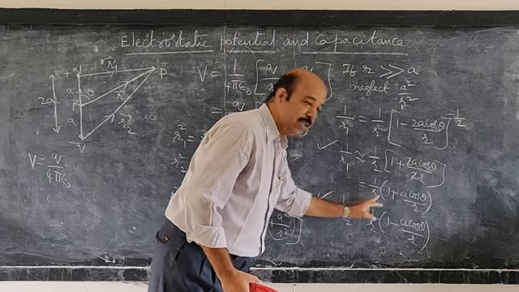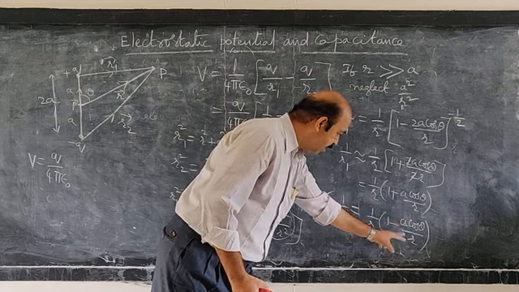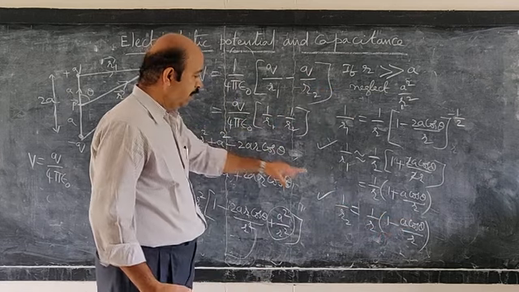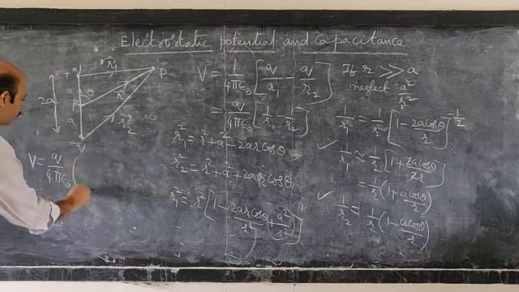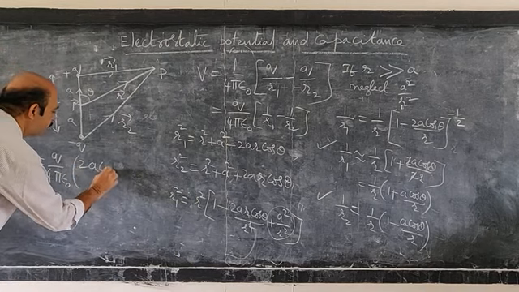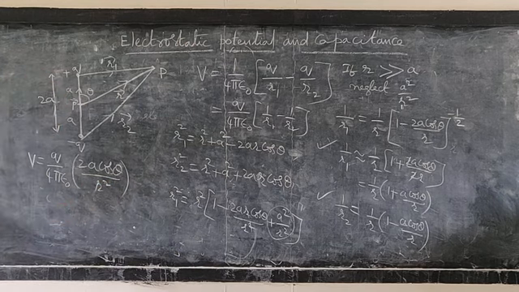Here also minus a cos theta by R square, but that minus of minus will be plus. Therefore, what you get is 2 times a cos theta by R square.